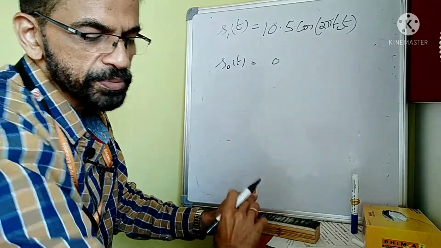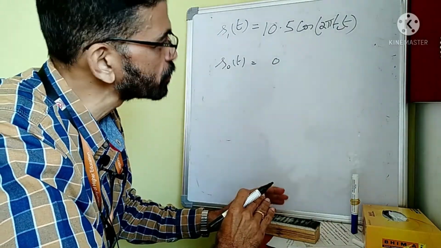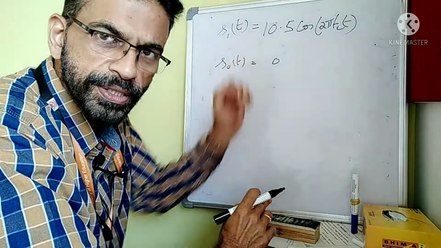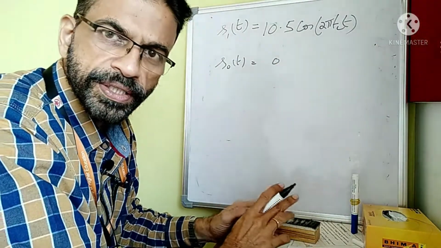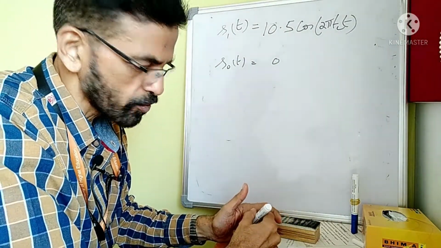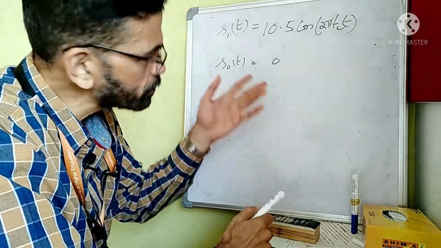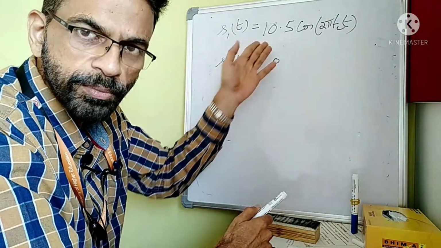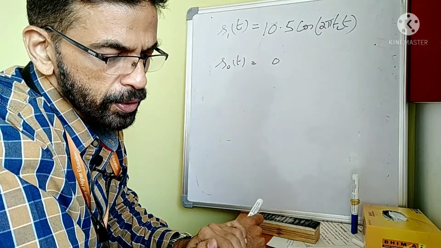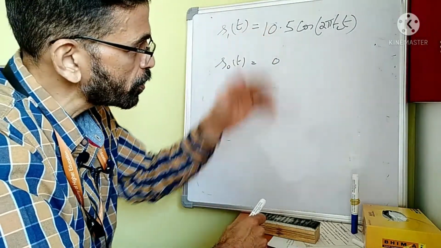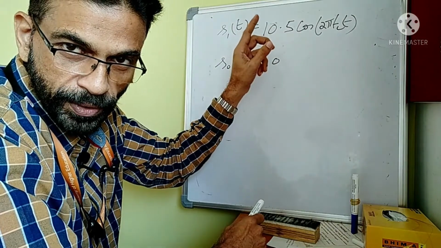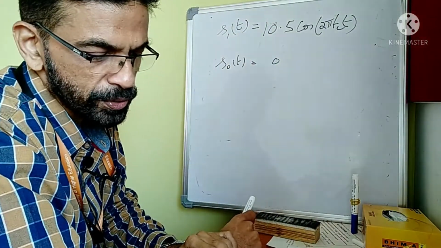The answer is that the transmitted signal should have at least an amplitude of 10.5, so that even after suffering the 3 dB attenuation in the course of propagation from transmitter to receiver, the received signal will have an amplitude of at least 7.4. In other words, the received signal will be 7.4 cos 2 pi f_c t, at least in terms of amplitude.